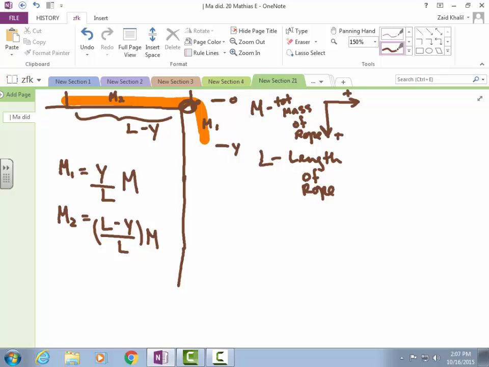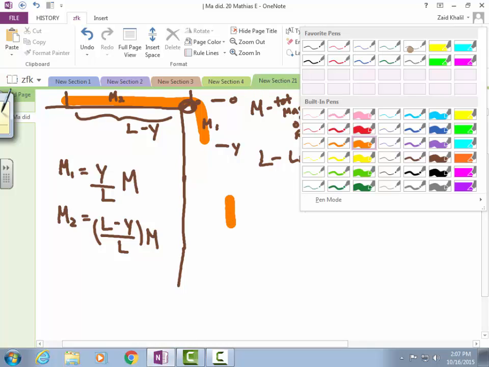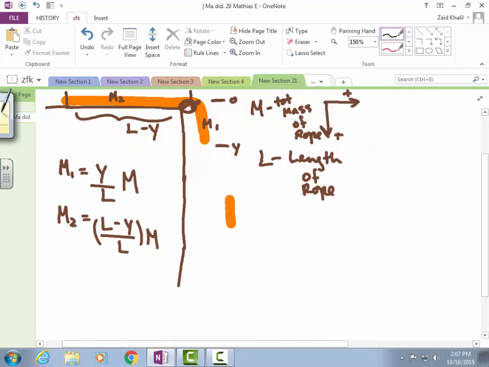So now what do we do? Free body diagram. Let's do M1. I'll draw it here. This is M1. And where are the forces on M1?